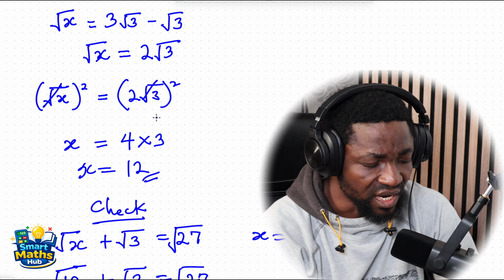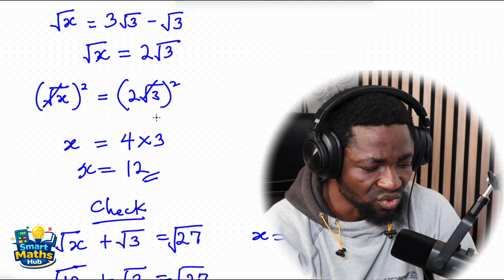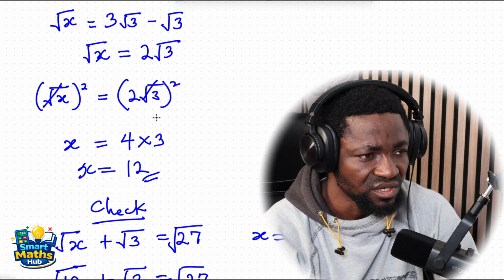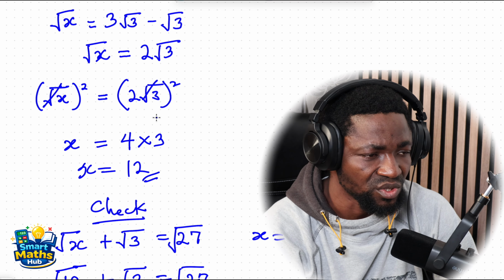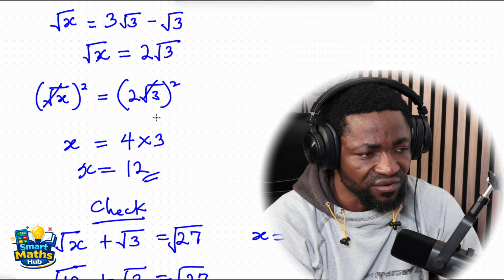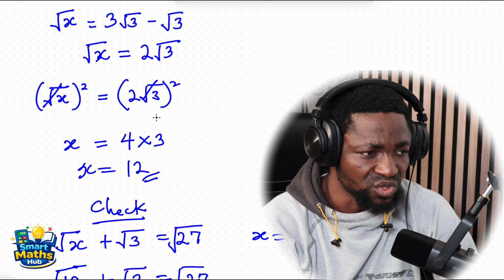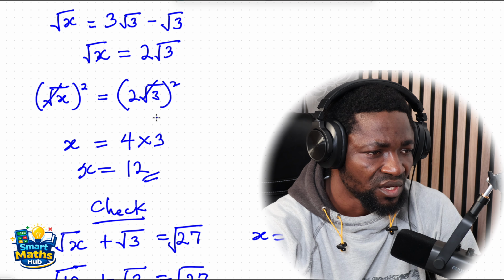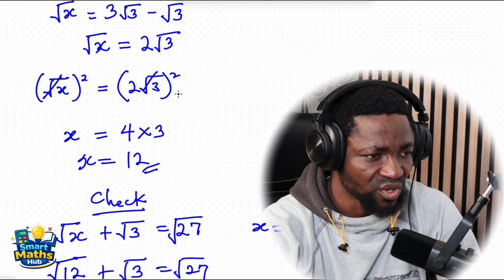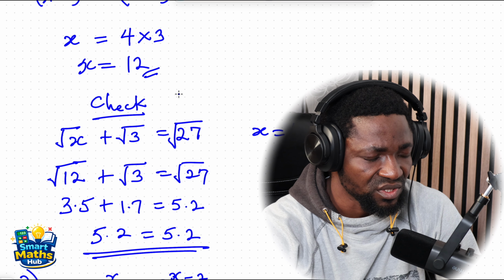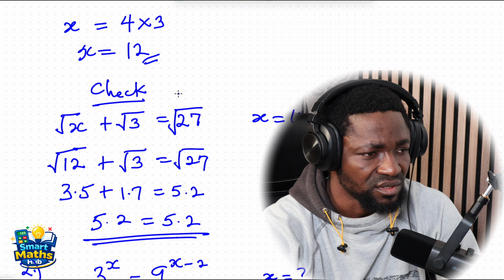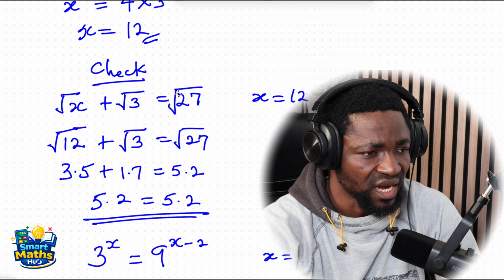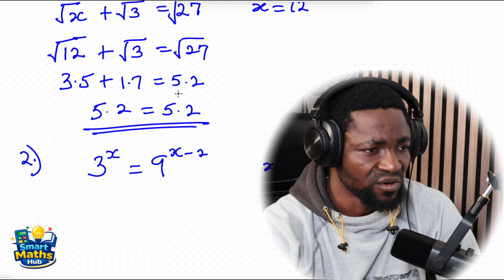Isolate the root and then square both sides to remove it and solve the equation. If you don't isolate it first, you may find it difficult to arrive at the final answer. Although the majority of students fail that aspect, if you follow your steps very well, you get your full mark.